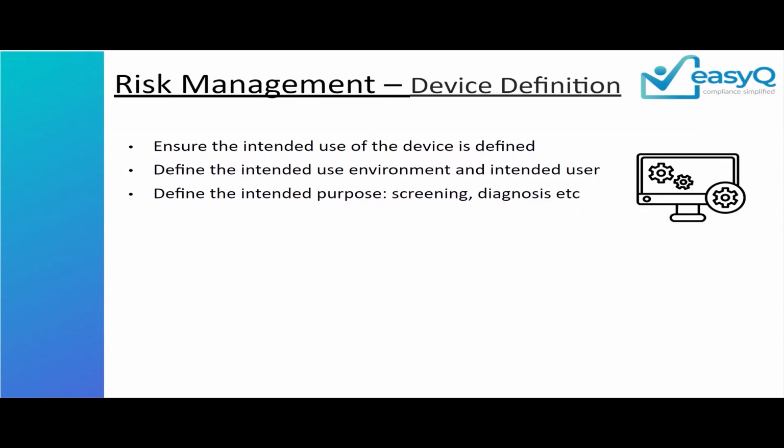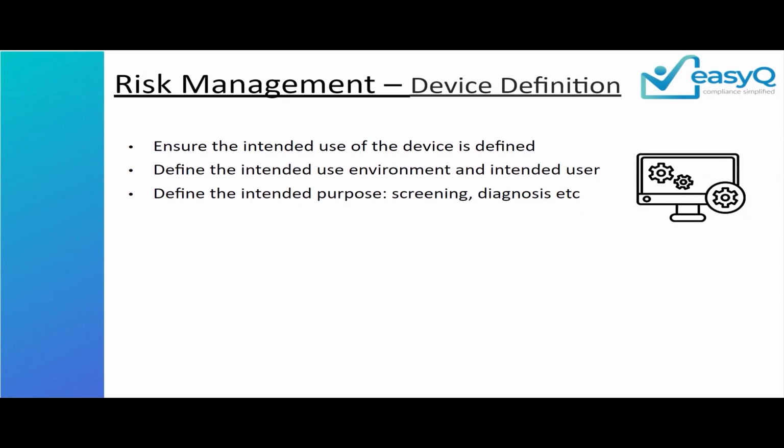Is it going to be a layman, or a professional, a doctor, or someone who is certified in certain specific activities? So intended use of your device, intended user, intended use environment, intended patient population. These are the four key bare minimum requirements that you should define very properly to help understand your device definition.